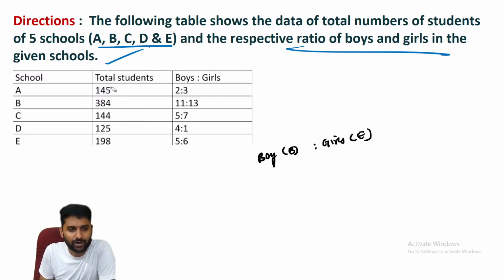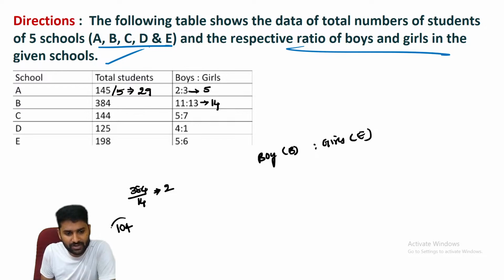Let's take this data. 145 should be divided in the ratio of 2 to 3. What it means is, if the total students is 5, then boys to girls is 2 to 3. 145 divided by 5 is exactly equal to 29. Now 384 is divided by 24, the sum of the ratio units. 24 ones are 24, 24 sixes are 144.